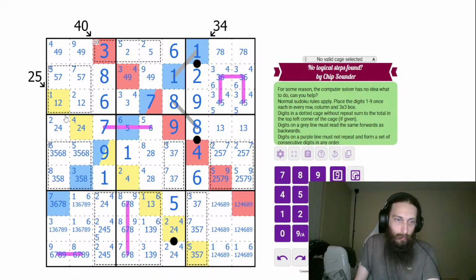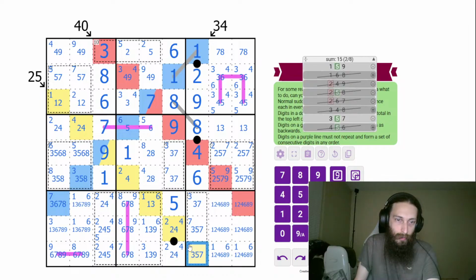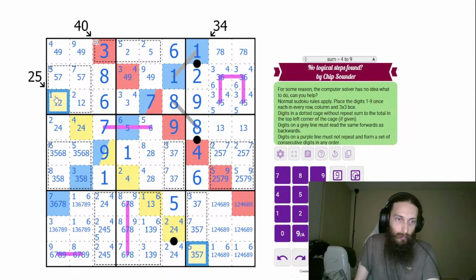Okay, I'm going to look at the yellow diagonal again, because I've got a 5, and 1 and 9 makes 15, 4 for 19, 20, 21, so I need 4 remaining, which I cannot do.